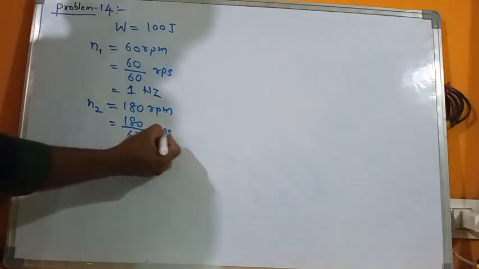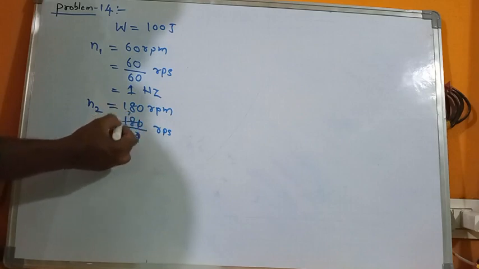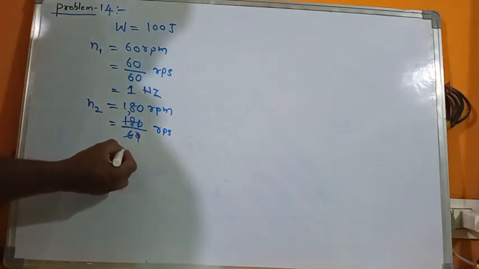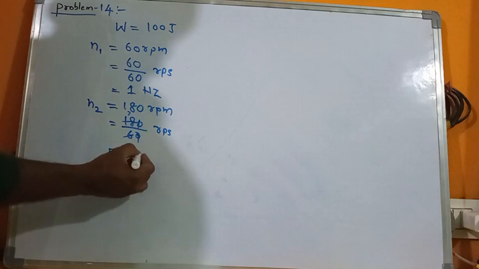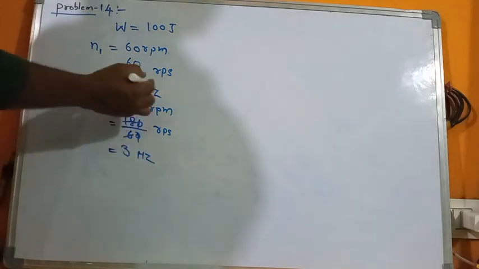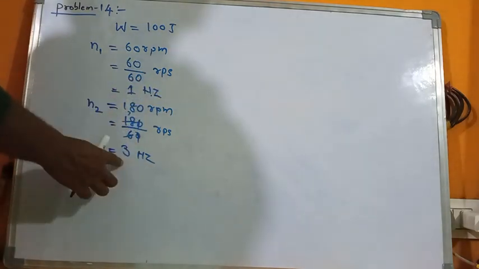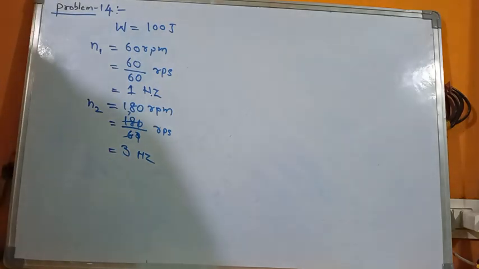So it is rps. Then 10 and 10 cancel, 6 threes are 18, so that is 3 revolutions per second, or 3 hertz, the angular frequency or number of rotations.